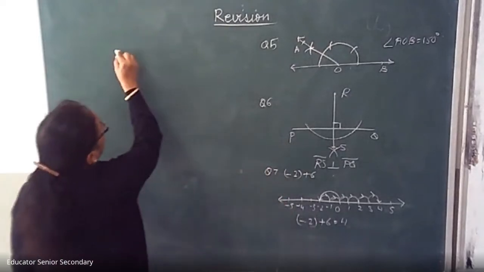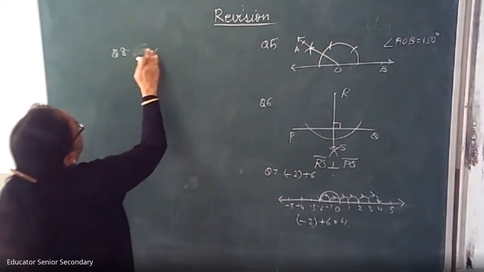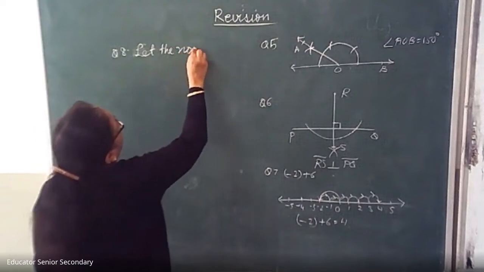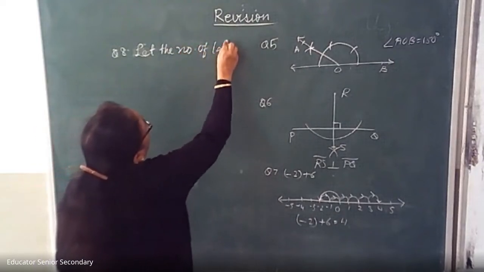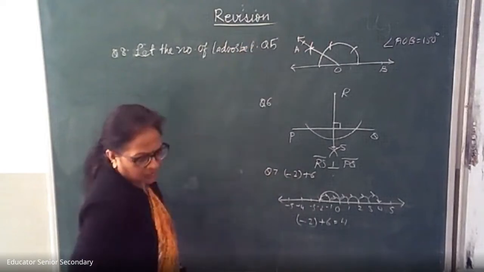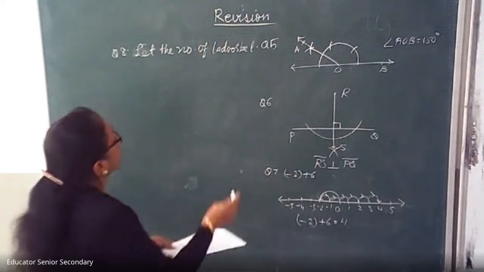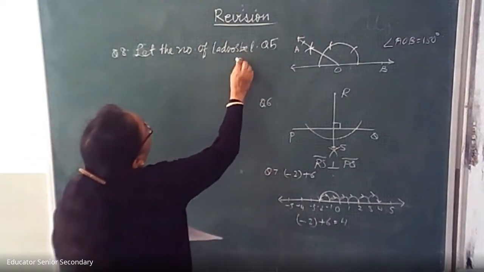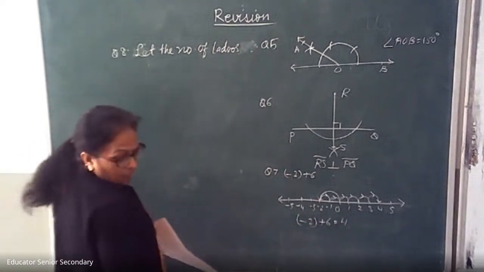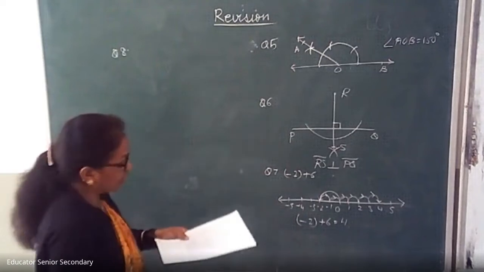So we first write, let the number of laddus be n. Now it is saying these many laddus are given to the guests. We don't assume because it is already given in the question that the number of laddus given are n.